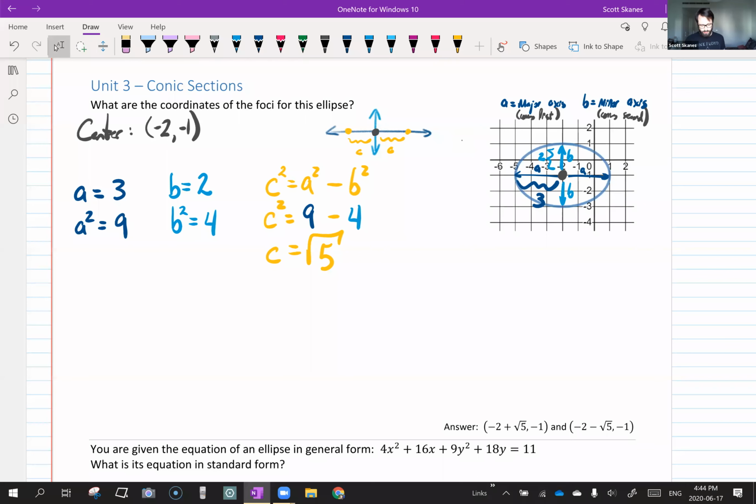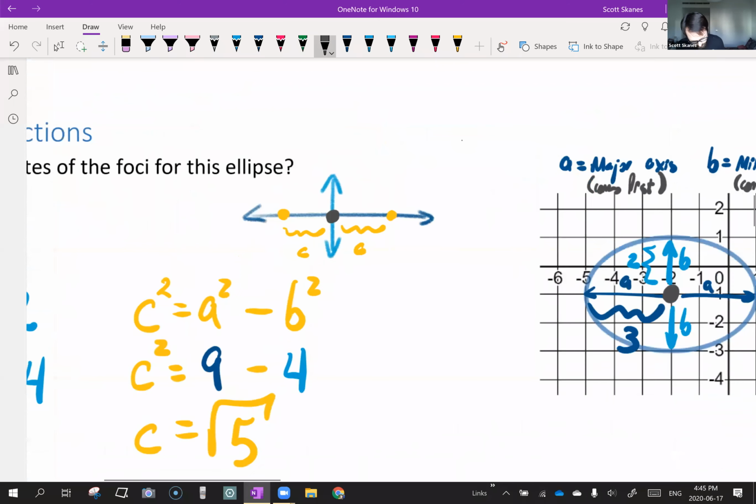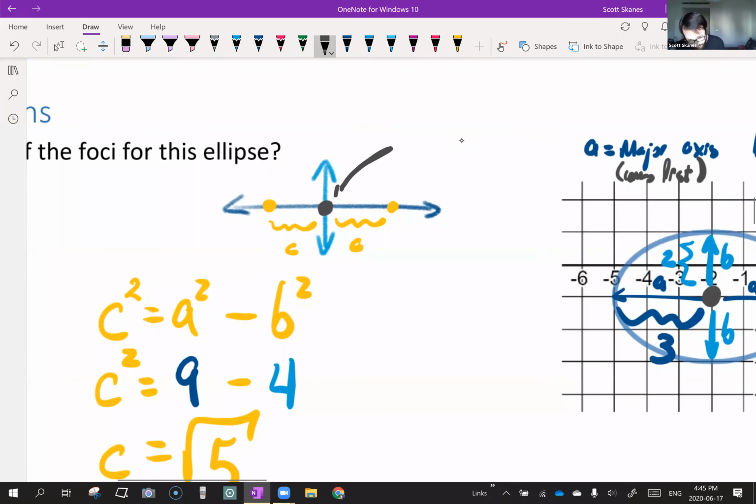The point was to get the foci, but the foci is easy. You take the center and add to the major axis. We know the center is at -2 and 1. You need to go in the x direction from it. You need to go left and right, so you affect the x. So you have to go plus and minus c from the center. Let me show you another way of thinking of it.